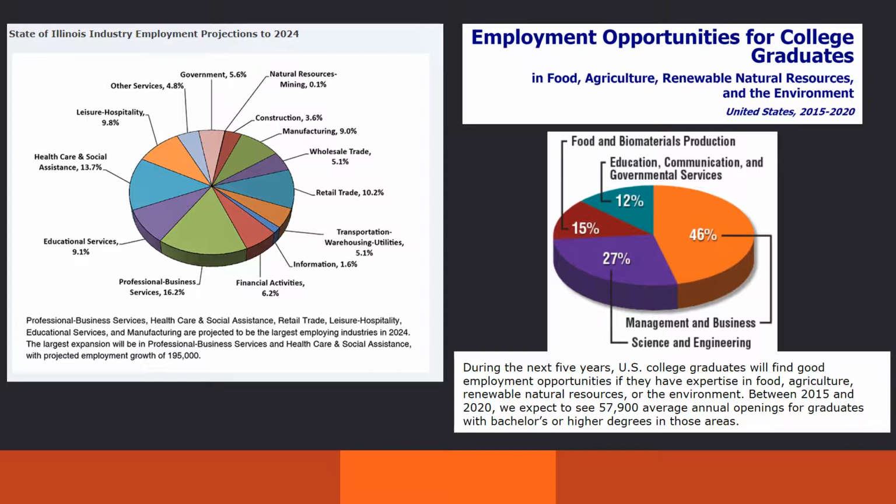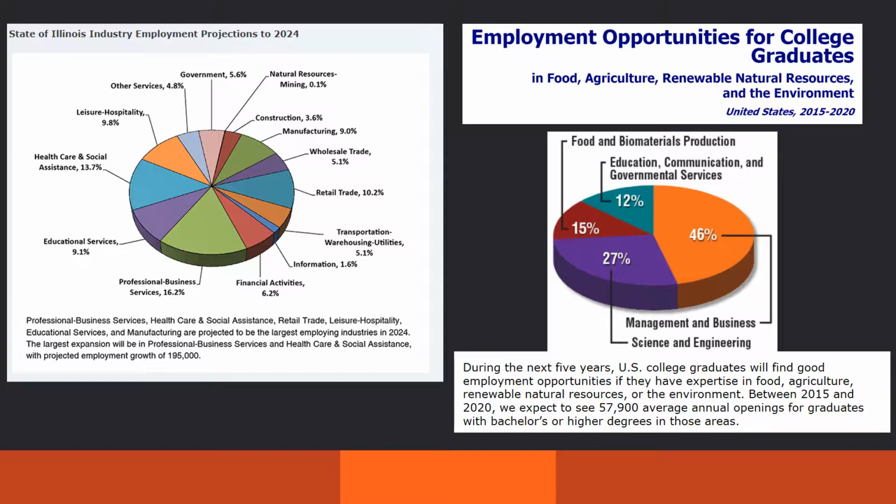And here you can see some examples of what we're talking about. There's all sorts of data to tell us where the jobs are likely to be, so that students know that they're planning and preparing to take a place in the workforce. We know, for example, that in this part of Illinois, agriculture and healthcare are big employers.